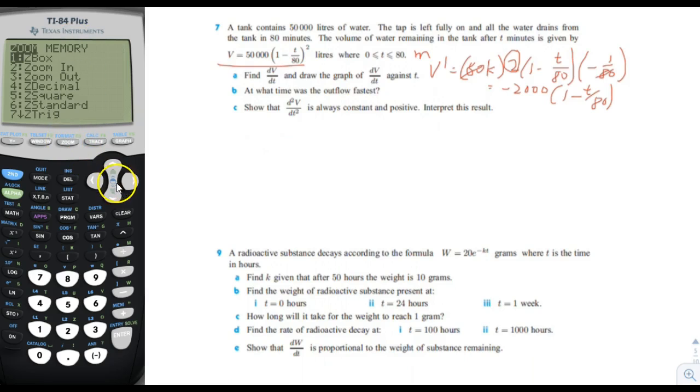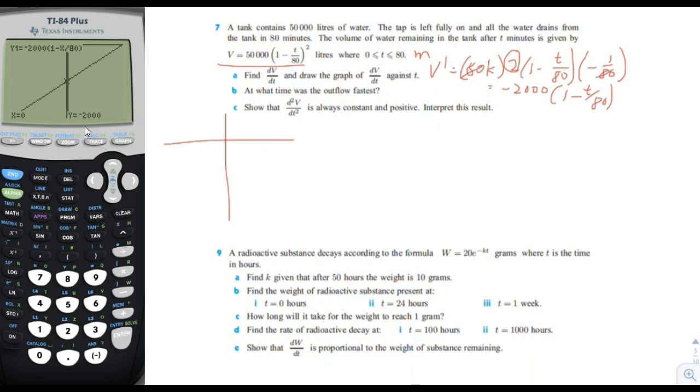We'll do zoom fit to adjust the y. Wow, it's actually on the negative side. So yeah, it's kind of a weird graph. It looks like this, and this intersection point is negative 2,000.